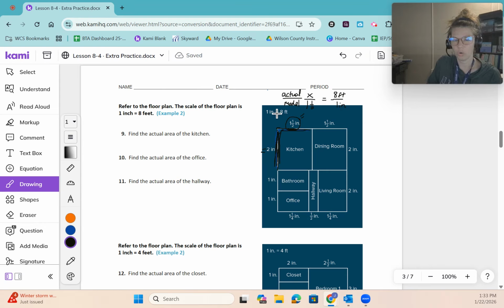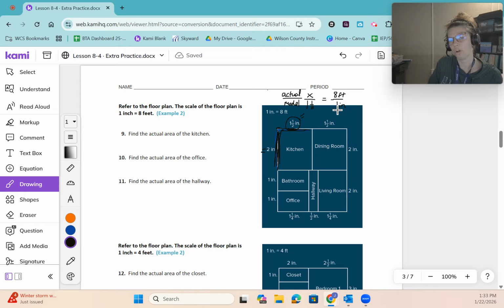The scale that they give us is 1 inch to 8 feet, or 8 feet to 1 inch. I put the feet on top because I am looking for feet. That's the piece I don't know. So we put the actual over what the model or the scale would be.